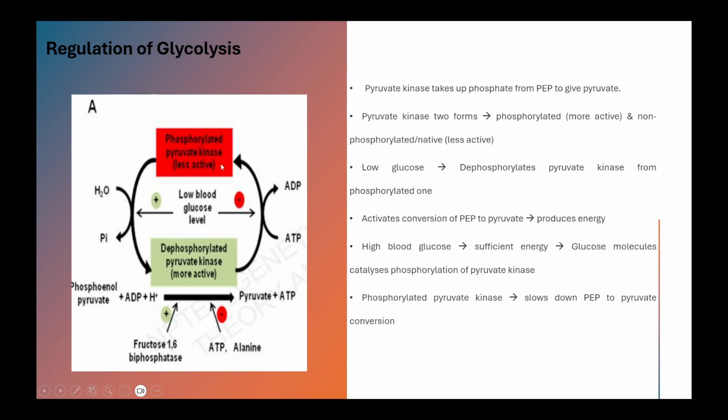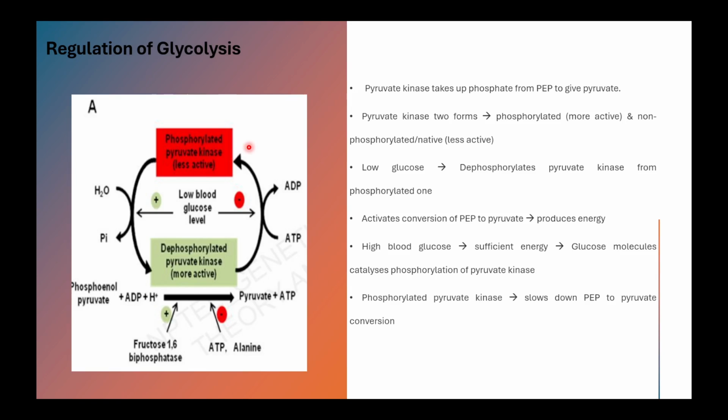Now pyruvate kinase converts PEP to pyruvate and releases ATP. Pyruvate kinase can have two forms. One is the dephosphorylated pyruvate kinase, which is the more active form, and another is the phosphorylated pyruvate kinase, which is a less active form.